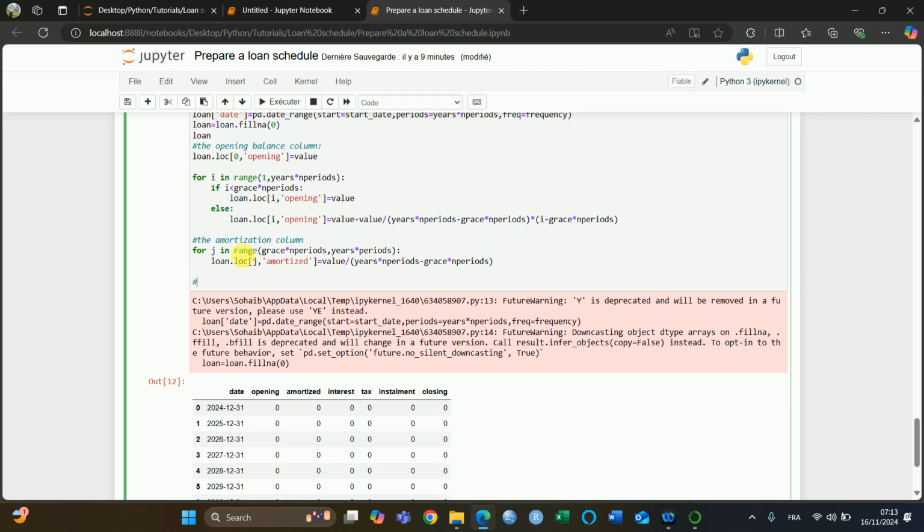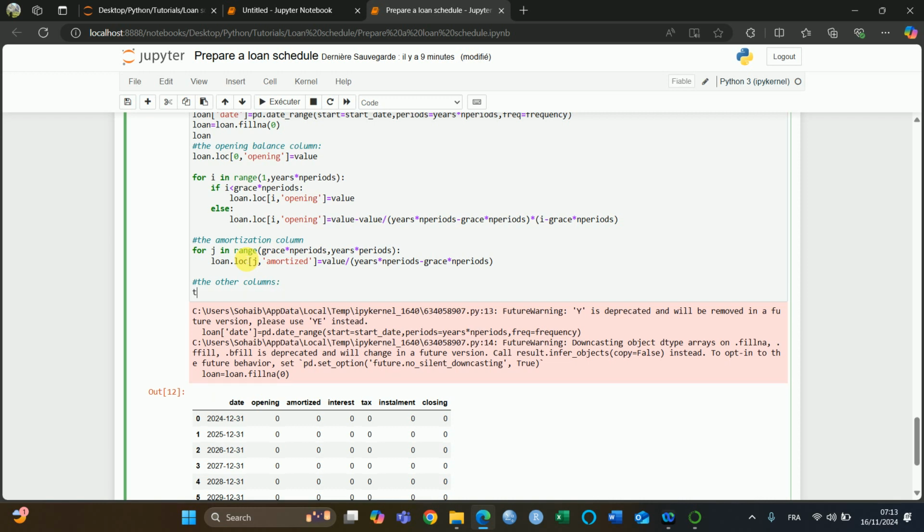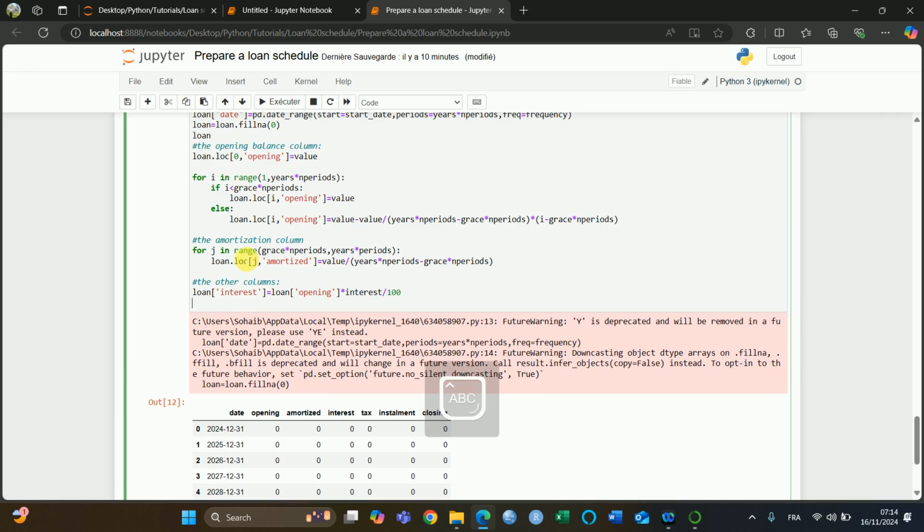And we will set the other columns. So loan interest is the column opening balance multiplied by the interest rate divided by 100.